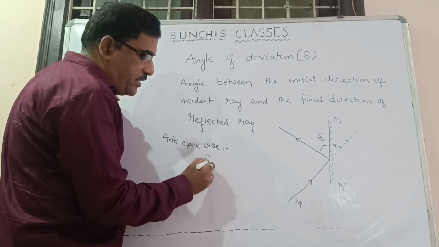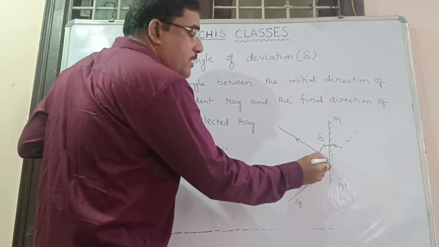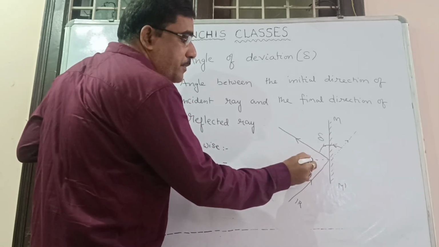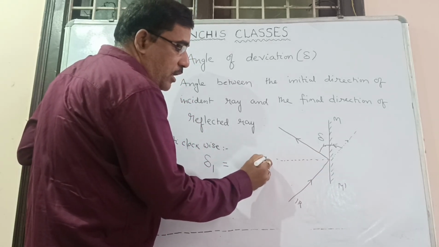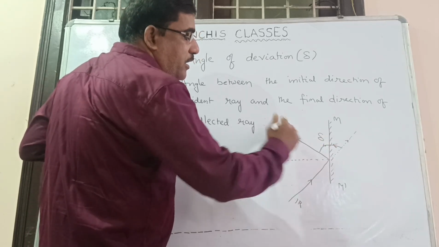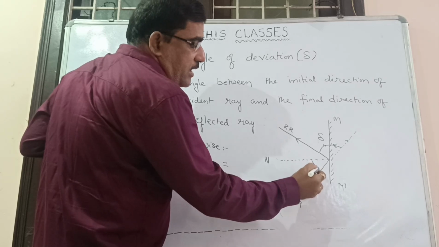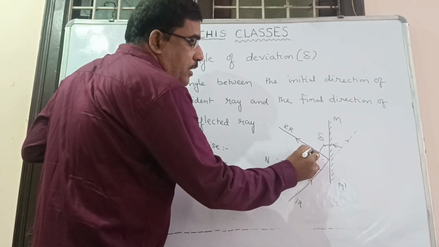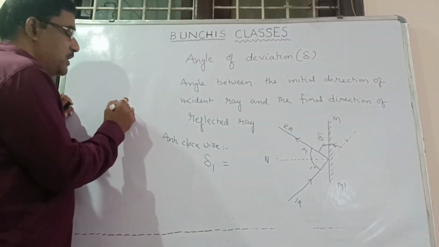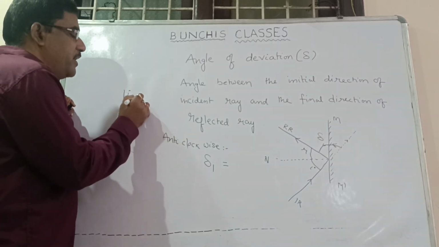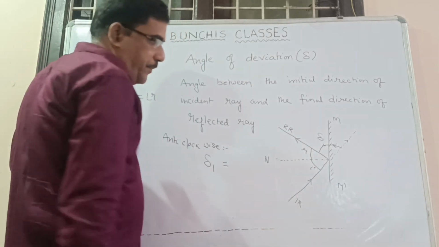This is the normal, incident ray, reflected ray RR. Now, this angle is angle I, and this is angle R. We know from the laws of reflection, angle I is equal to angle R. These two angles are the same.